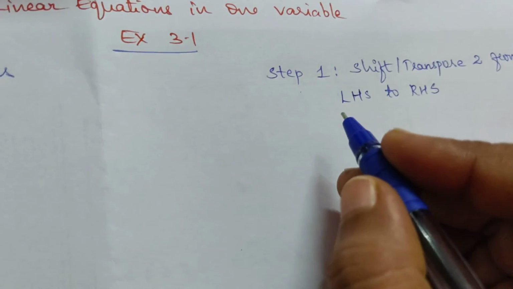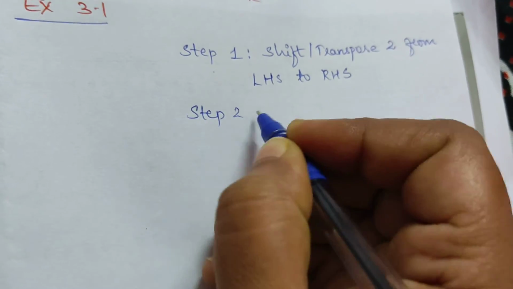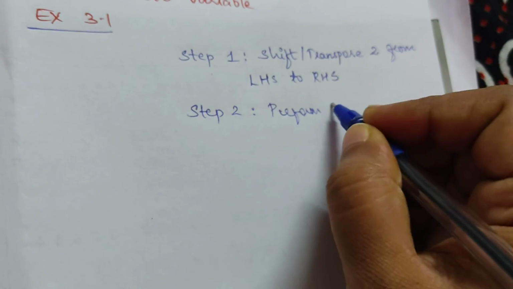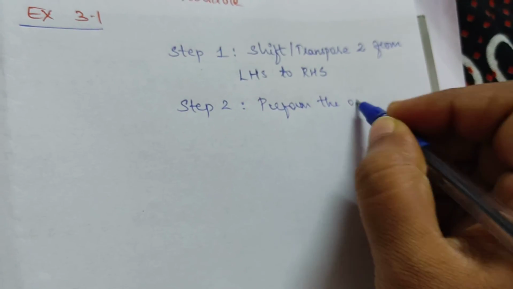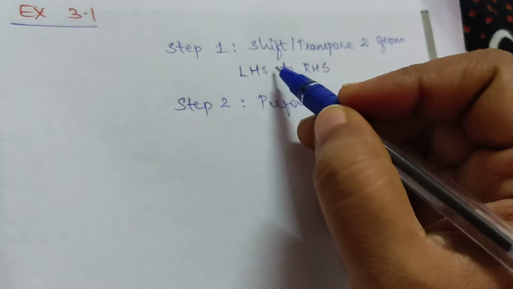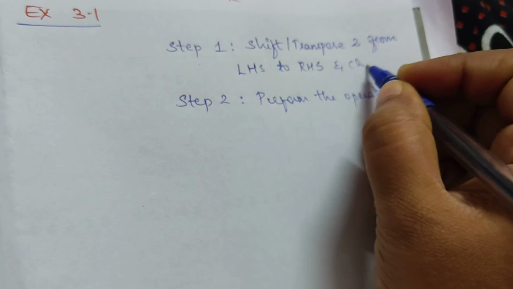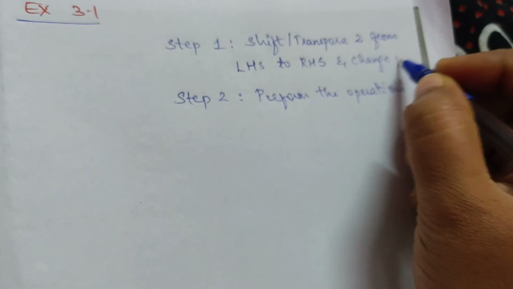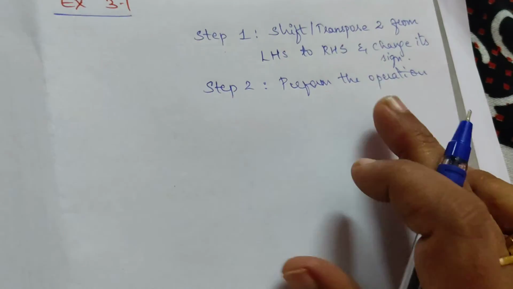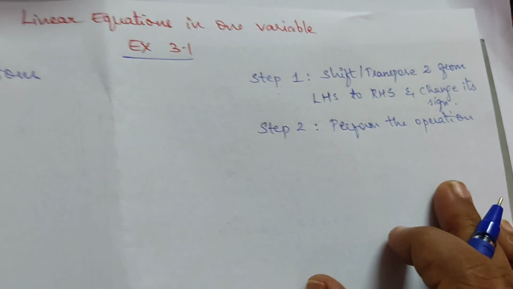So step 1 is shift or transpose 2 from left hand side to right hand side and change its sign, and step 2 is perform the operation. We will do some more problems and see how this works.